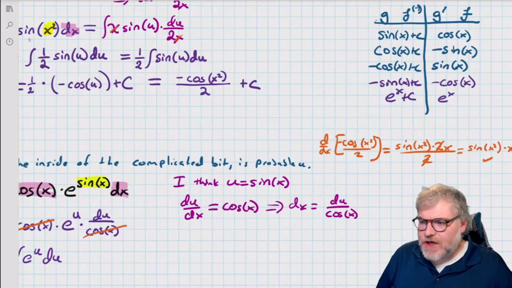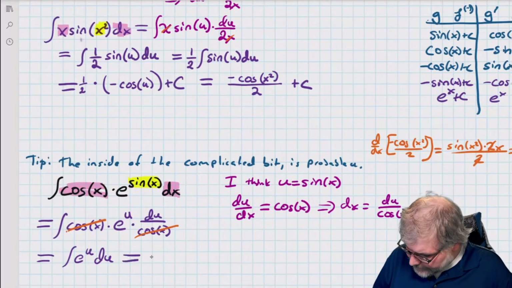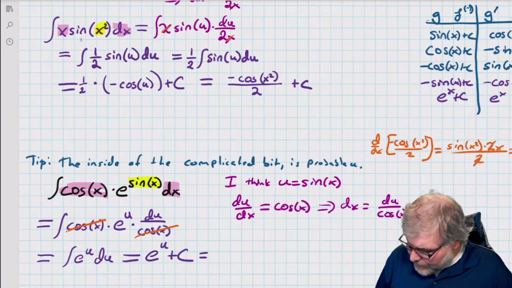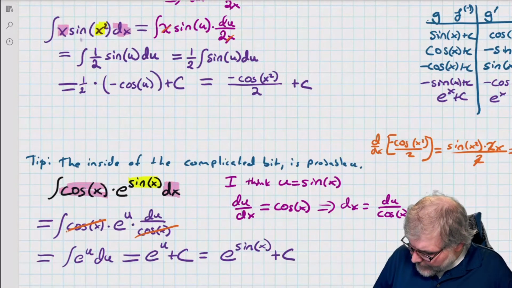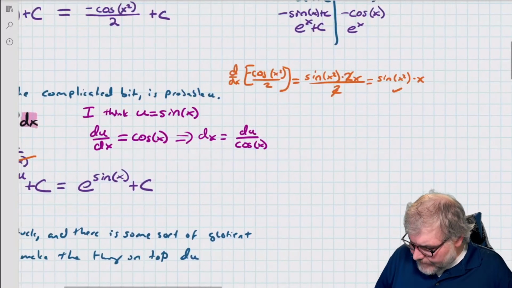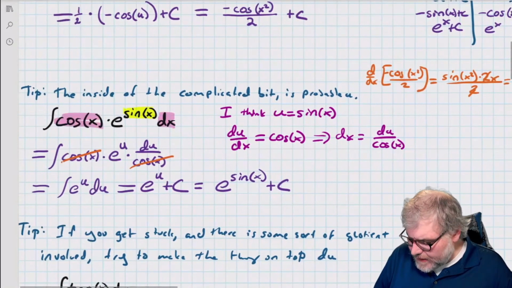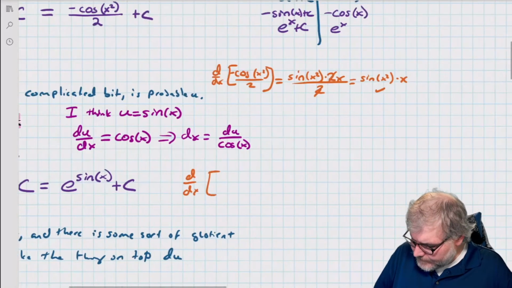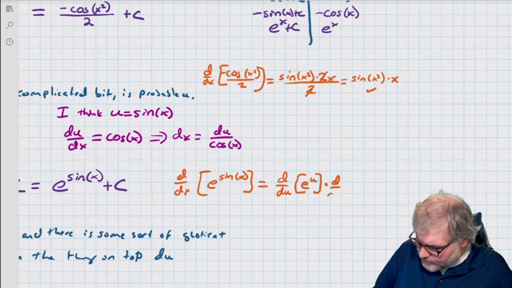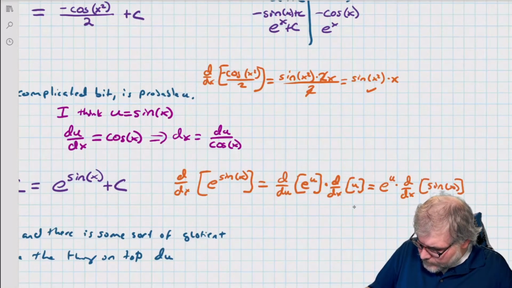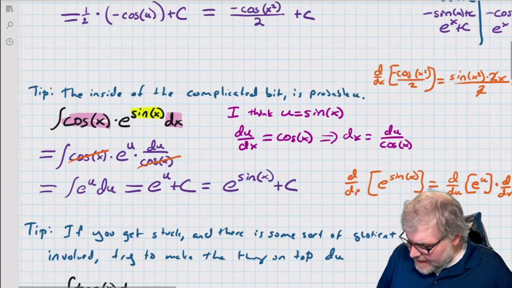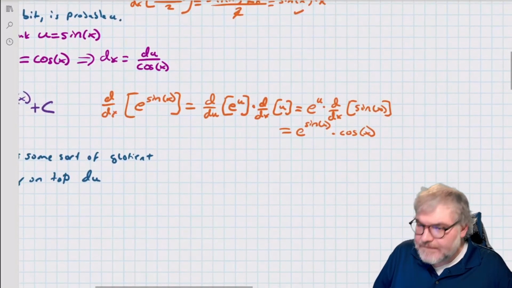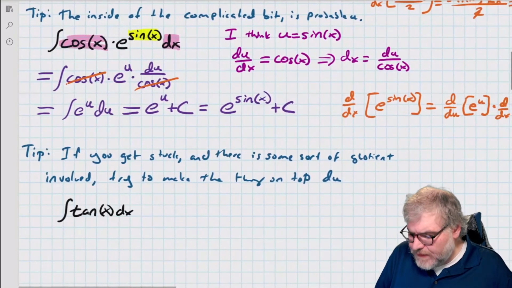And on my chart is the thing I want. And now I'm going to sub back in my u. Okay. And then I'm going to take the derivative to check. So I think that the appropriate thing here is e to the sine of x plus c. So I get e to the sine of x times cosine of x right there, and that corresponds with the thing I started with.